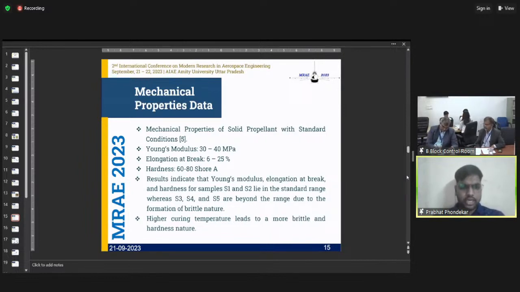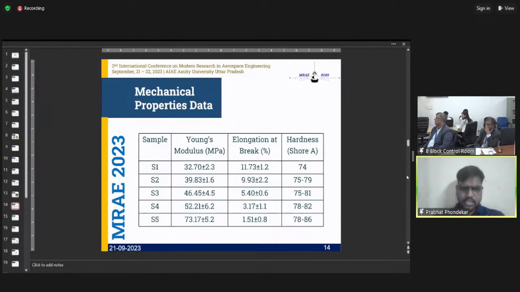Second, the elongation at the break 6 to 25 percent, and the last one is the hardness, 60 to 80 Shore hardness. Now we can check from this list. Only sample 1 and sample 2 lie within this range. Otherwise, sample 3, sample 4, and sample 5 go beyond that range.